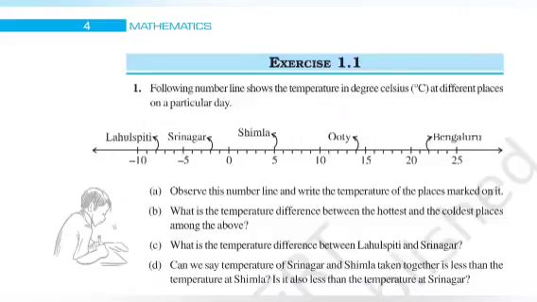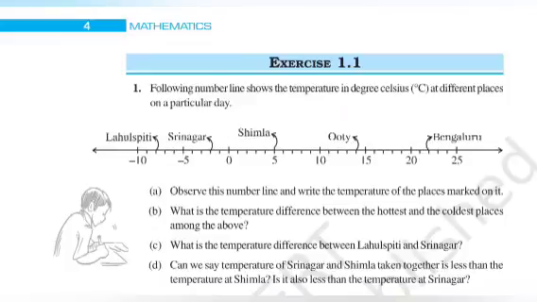So the second question is, what is the difference between the temperature of the hottest and the coldest place amongst the above? So the hottest is on the positive side and the coldest is on the left hand side, the minus degrees. So the hottest is Bengaluru with 22 degrees Celsius, and the coldest is Lahul Spiti with minus 8 degrees Celsius.